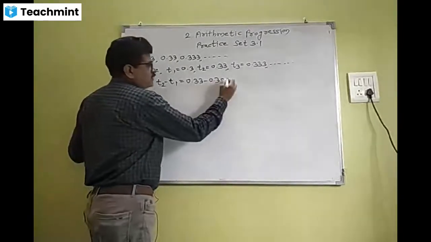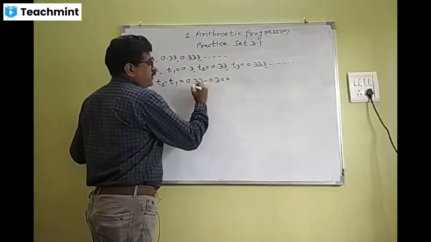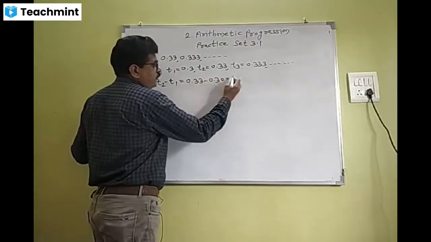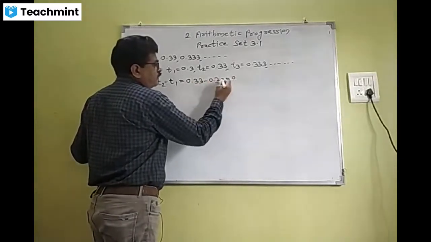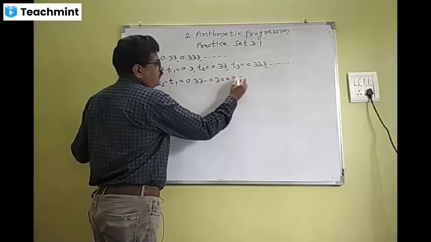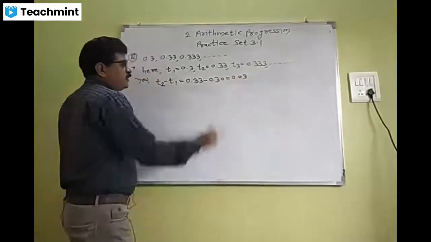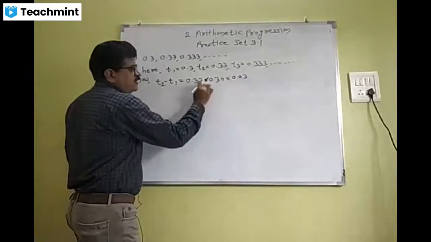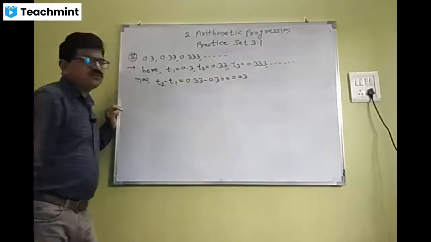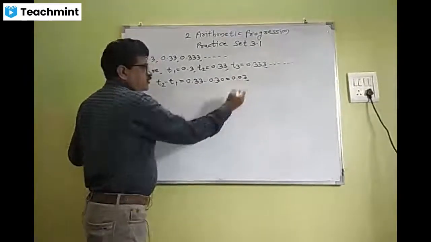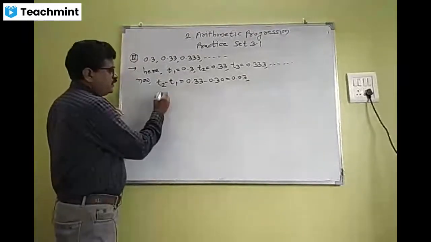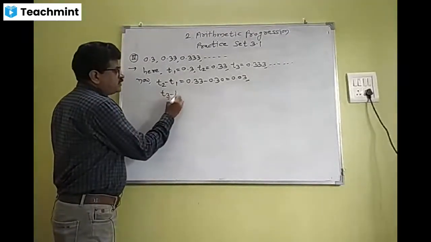Therefore, taking subtraction, 0.33 minus 0.30 is 0.03. 3 minus 0 is 3, 3 minus 3 is 0. 0.03. T3 minus T2.